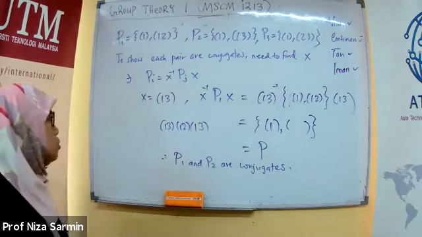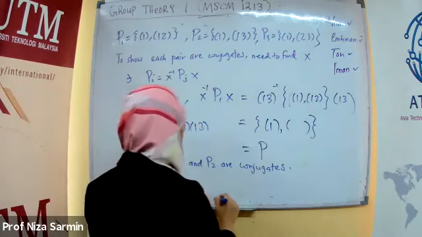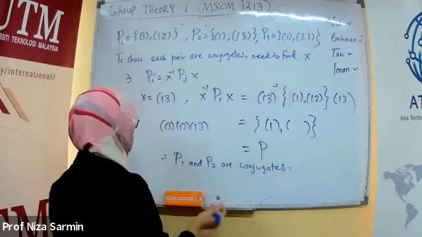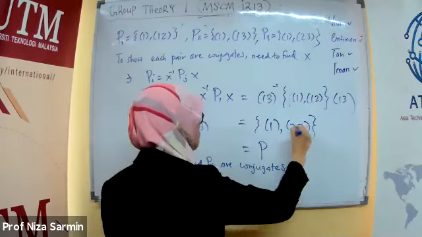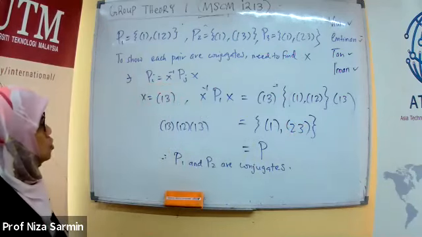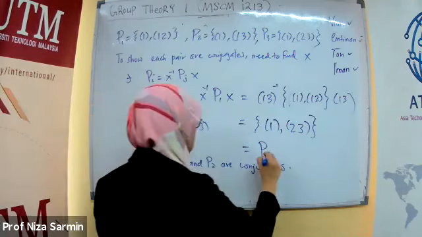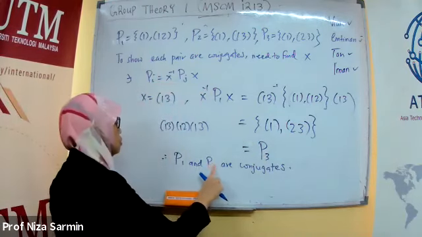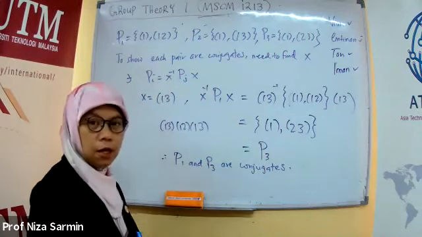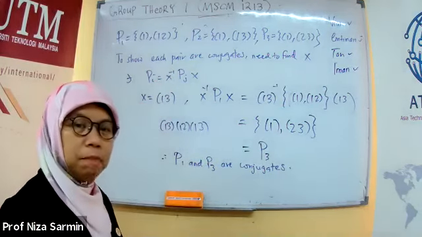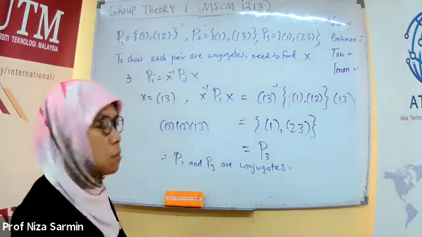So 1, 2, 3, 3 to 1. Okay. 1, 2, 2, 2 to 2. 2, 2 to 1, 1, 2, 3. 3, right? So this is P3. Okay. So you get P1 and P3. Another one you will show P2 and P3. So they are all conjugates, right? Okay.